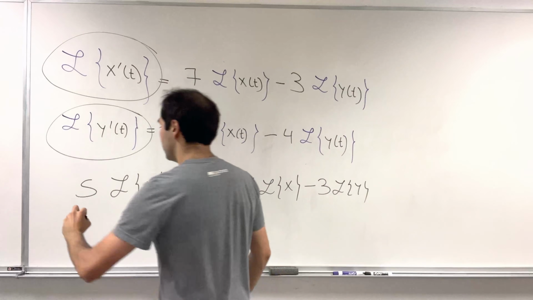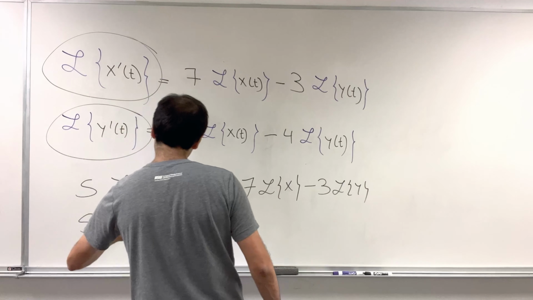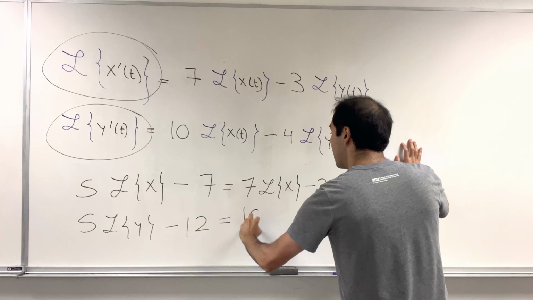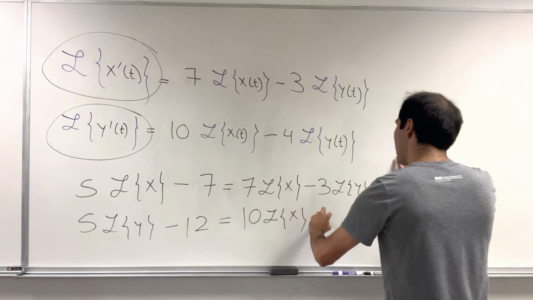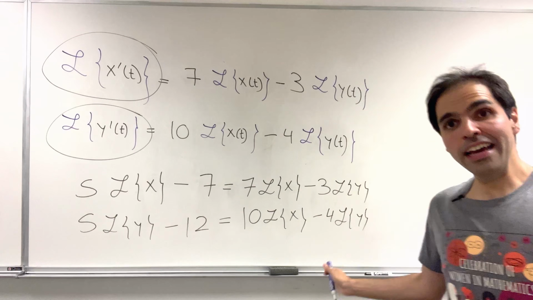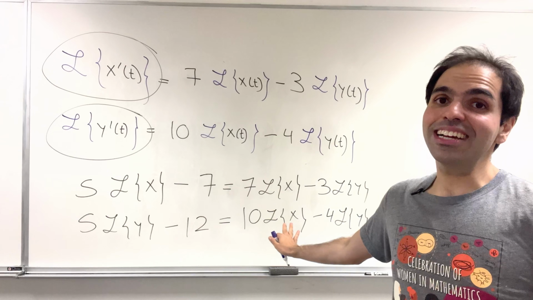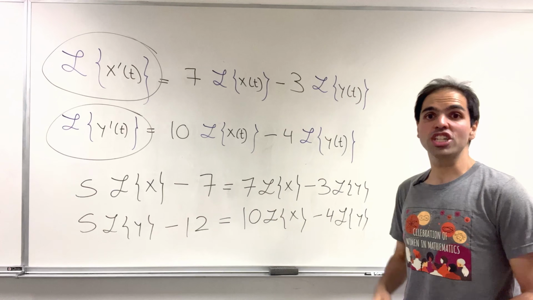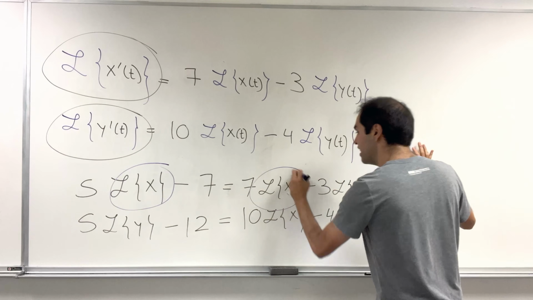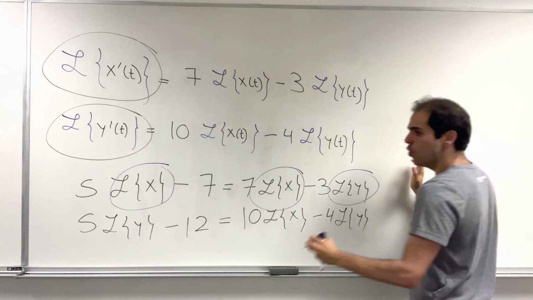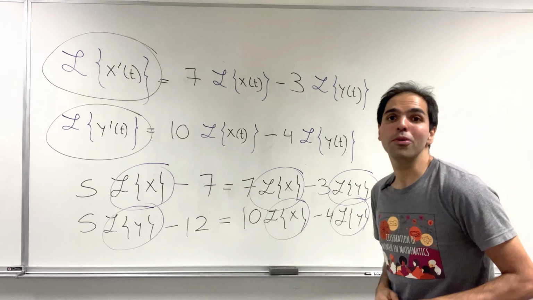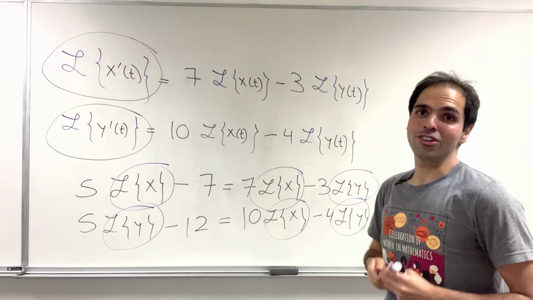And similarly for y, so s L of y minus the initial value 12 equals 10 L of x minus 4 L of y. And again, the miracle is that in the second equation there is no differentiation whatsoever. What this becomes is simply an algebraic equation with L of x and L of y that we'll be able to solve fairly straightforwardly.